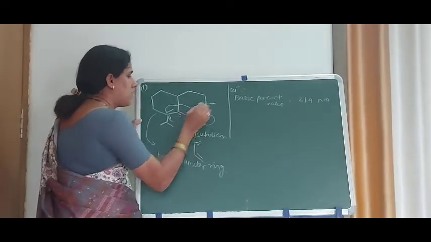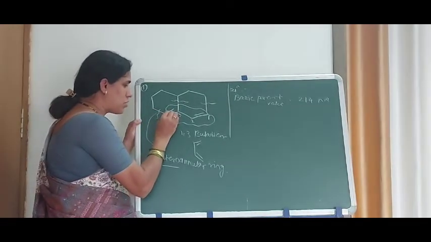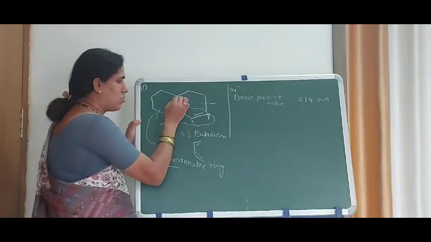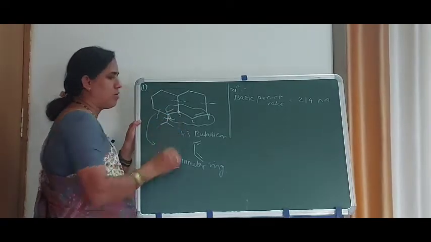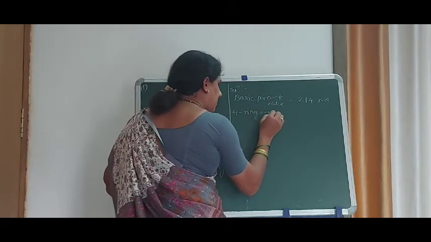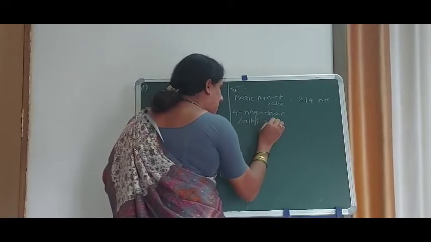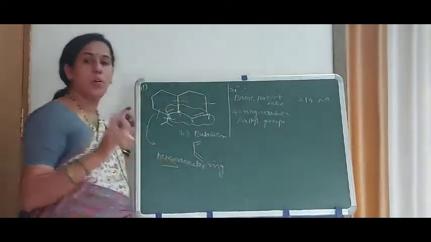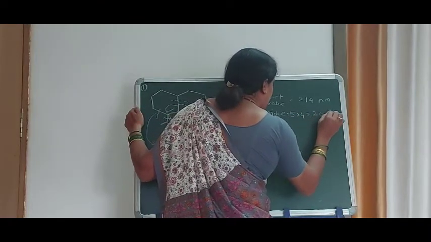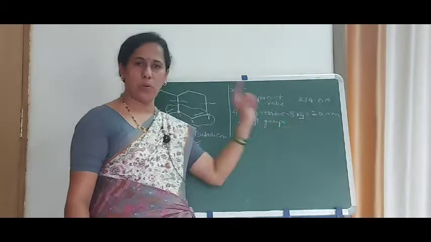This is the first ring residue, this is the second, this is the third, and this is the fourth ring residue. That is 4 ring residues, also called alkyl groups. Each ring residue you have to add 5 nanometer. For 4, 5 times 4 is equal to 20 nanometer.